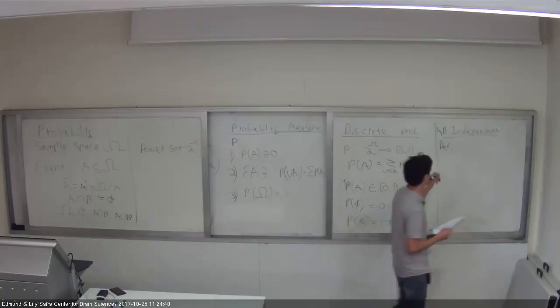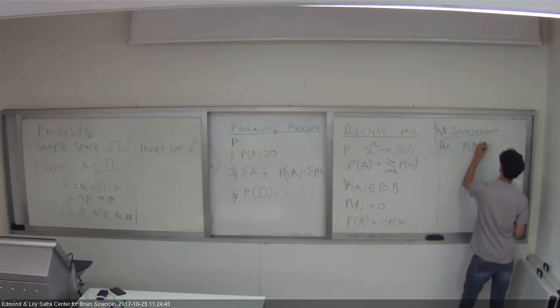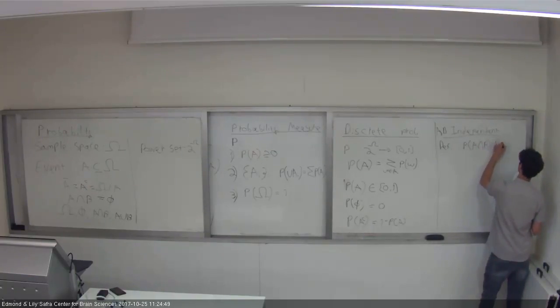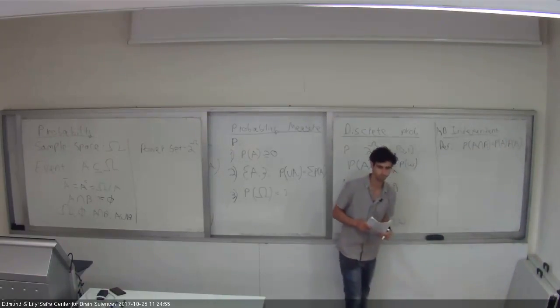Right. If P of the intersection of A and B is equal to their multiplication, P of A times P of B.